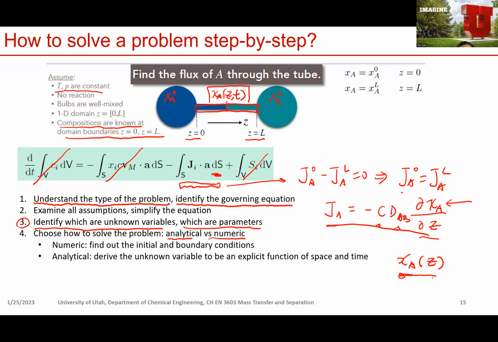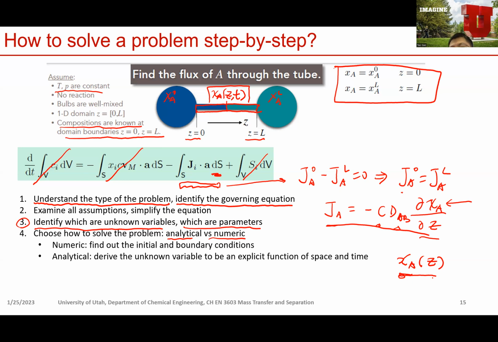You can always solve a differential equation with numerical methods, as long as you know the boundary condition or initial condition. In this case, because there's no time involved, we don't need to know the initial condition. We only need to know the boundary condition, which we know is here. And you can just always solve this.